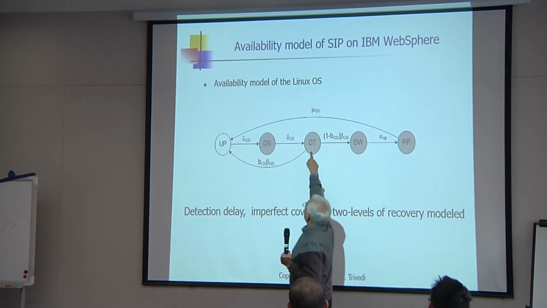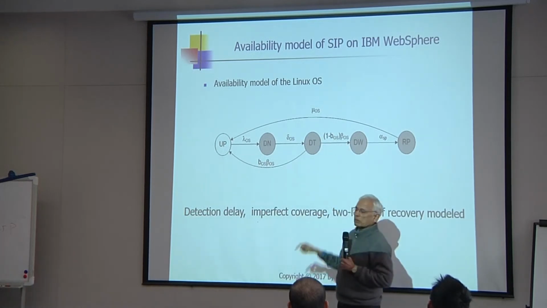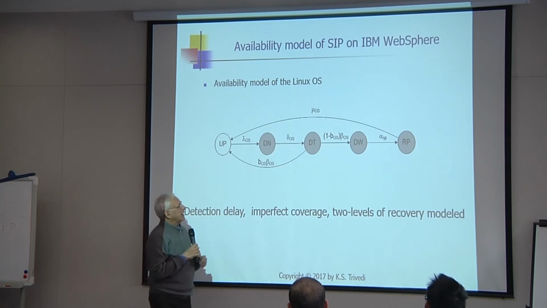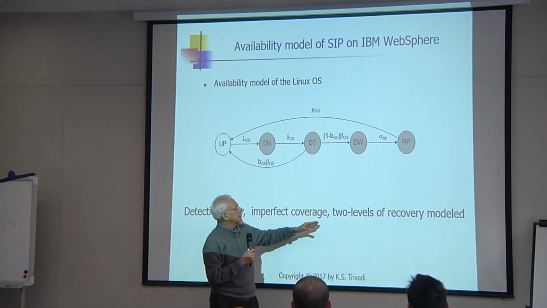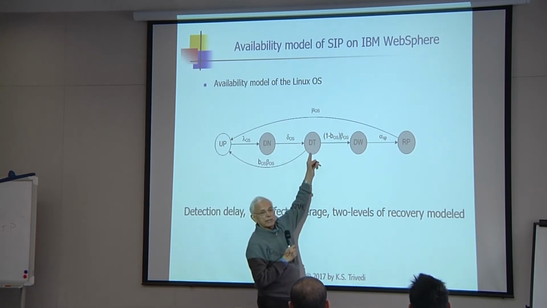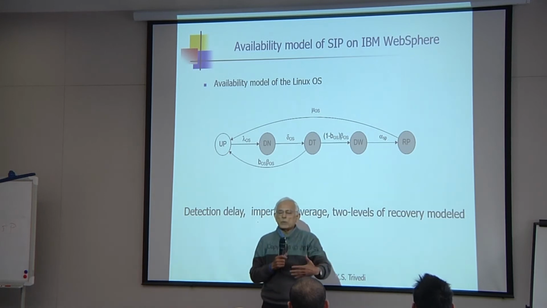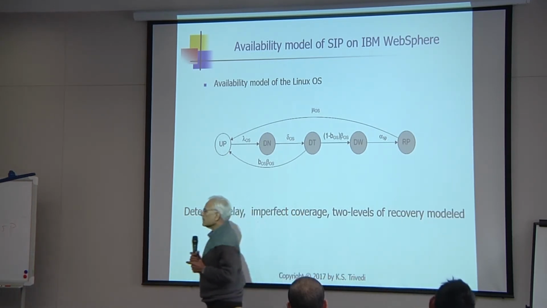Reboot is successful with this probability, not successful with this probability. So there are delays in various phases of recovery and imperfect actions in various phases of recovery, and two levels of recovery, reboot and patch. Now these kinds of things cannot be represented by fault trees or block diagrams and so on, right?